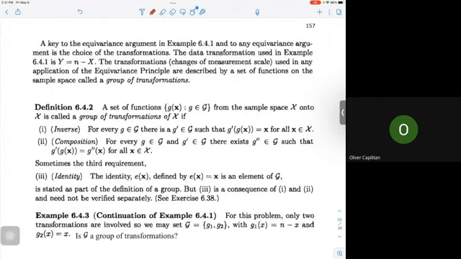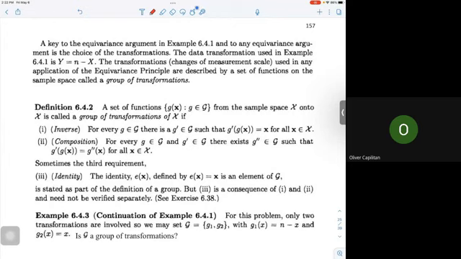First, the inverse: for every g in the set script G, there is a g prime, an element of script G, such that the composition g prime of g of x is equal to x for all x in our sample space script X.